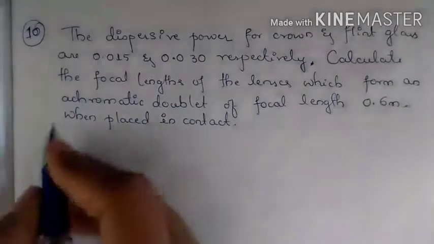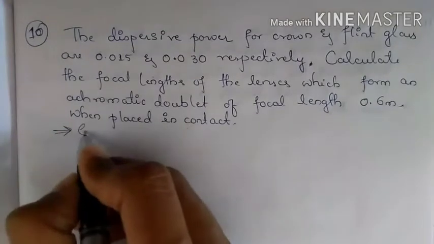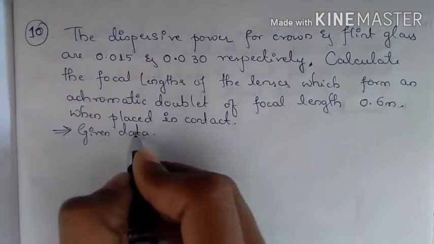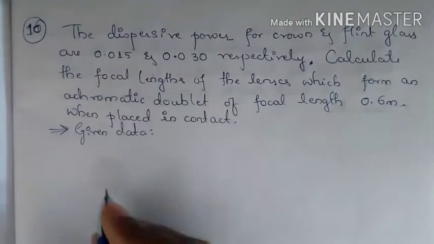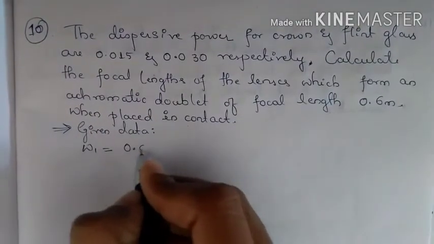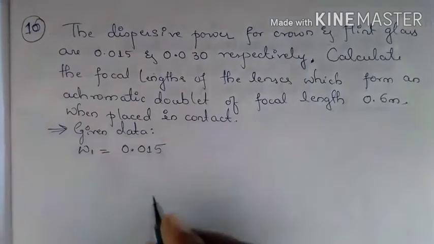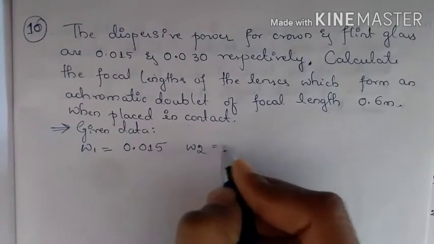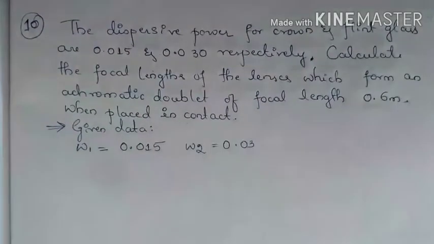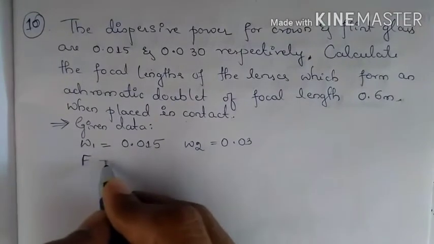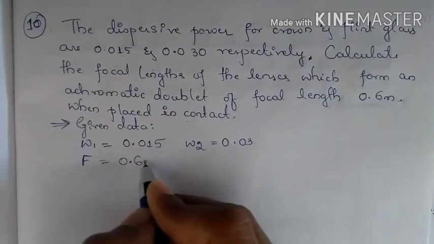Now let us write the given data. Omega 1 is equal to 0.015 and omega 2 is equal to 0.03. The last value is for the equivalent focal length, that is 0.6 meters.